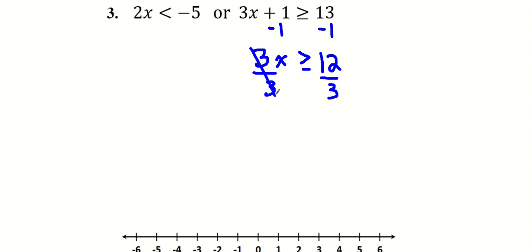Do I have to reverse the symbol to a less than or equal to? No. It's only when you're dividing or multiplying by something negative. So I think that's one of them. And then, okay, all I have to do over here is divide. So I get x is less than, well, you could say -5/2, right?